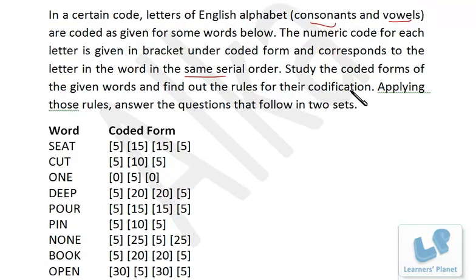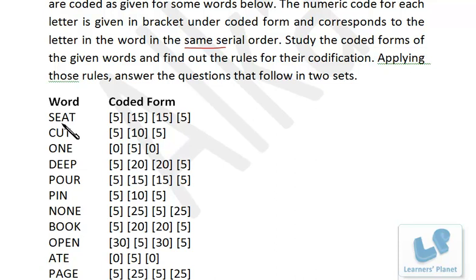Since the breakup is of consonants and vowels, let's see, these two are vowels, coded as 15 and 15, two consonants 5 and 5, then these two are vowels. Here U is a vowel but that is coded as 10, C and T 5 5, okay, then O and E, two vowels, so they are 0 0, and N is 5.